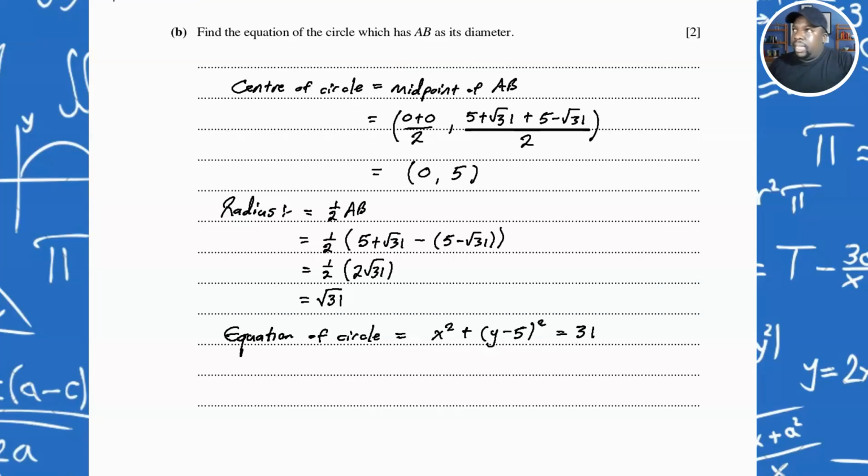So this is the answer right here. That's the equation of the circle as required.